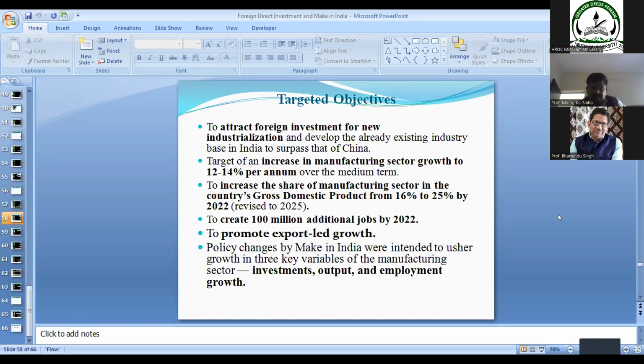And we will set up manufacturing units for the purpose of export from India, so there should be export-led growth.